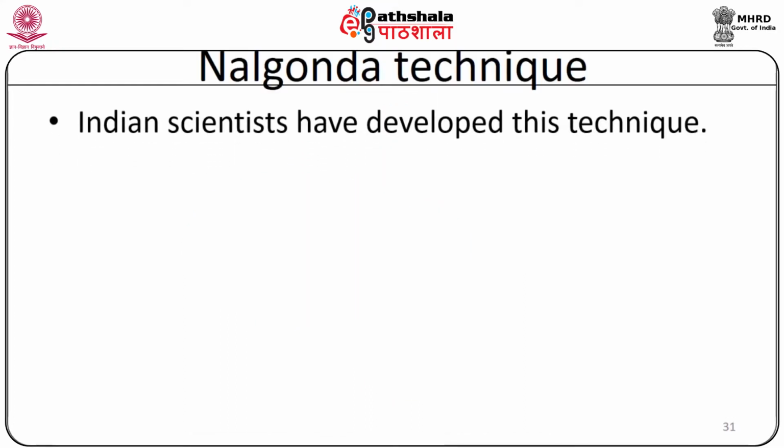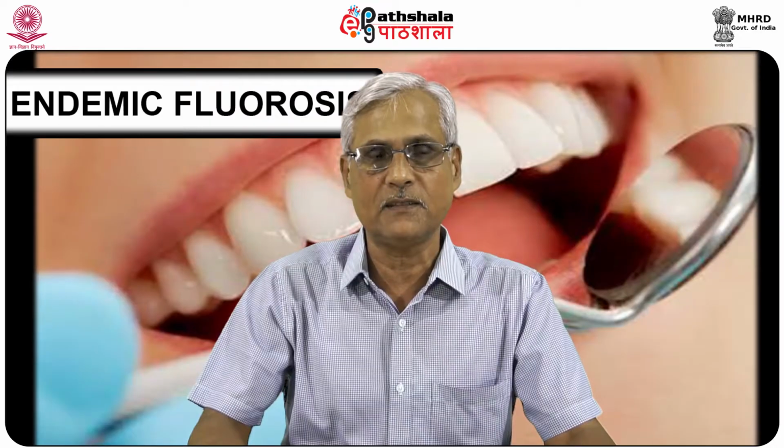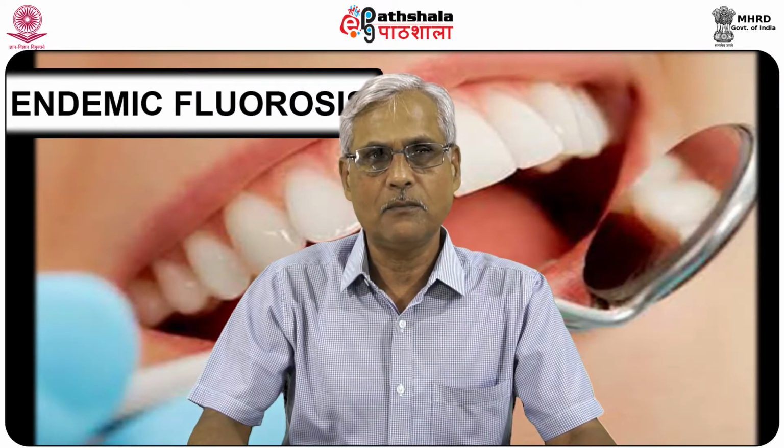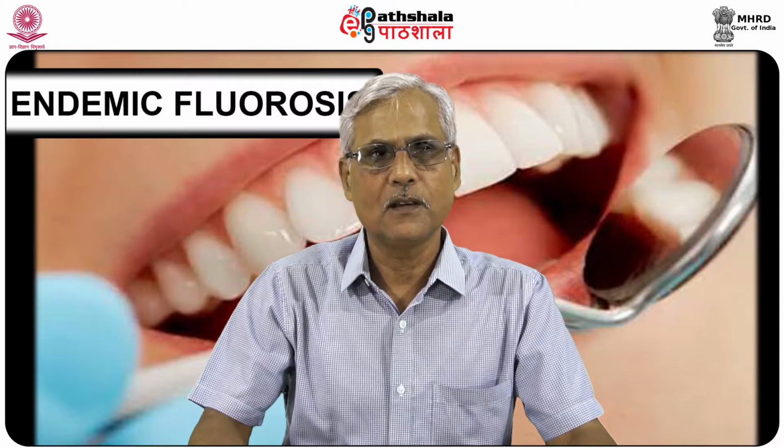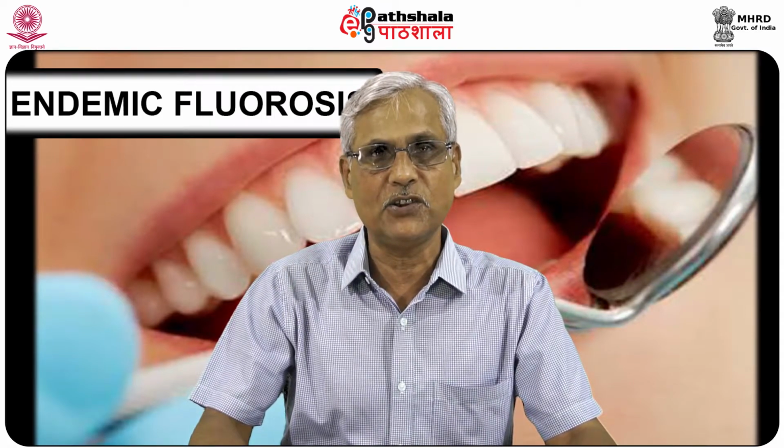The Nalgonda technique has been developed by Indian scientists. It is based on the amount of fluorine in the drinking water and the alkalinity of the water, expressed as magnesium calcium carbonate. The amount of alum to be mixed with water is calculated based on these two factors.